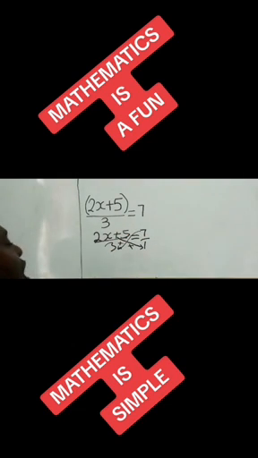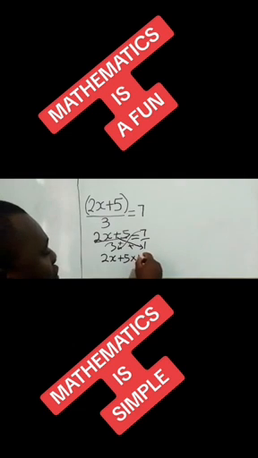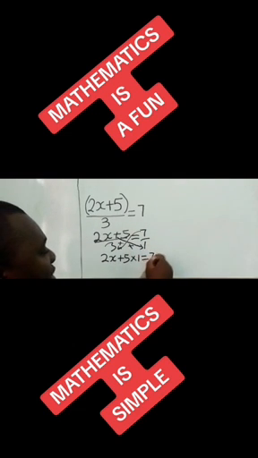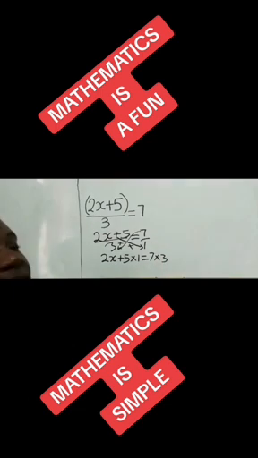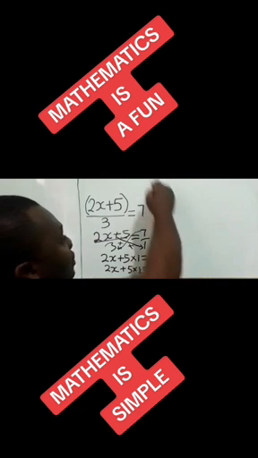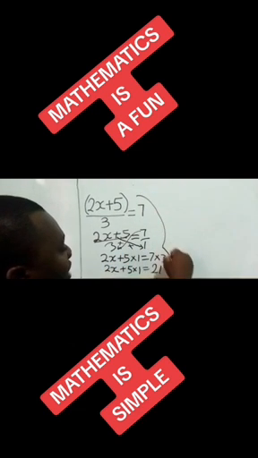So what we are going to have is 2s plus 5 times 1 equal to 7 times 3, or 3 times 7. So 7 times 3 will give us 21. Now let's write the same thing here.